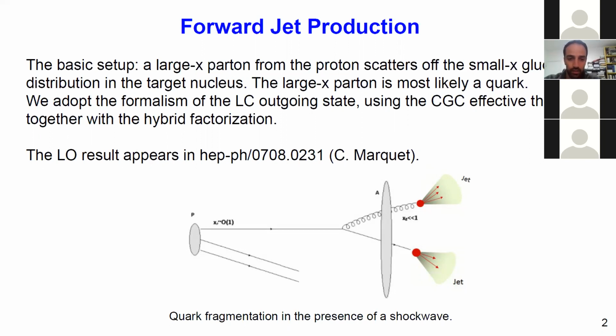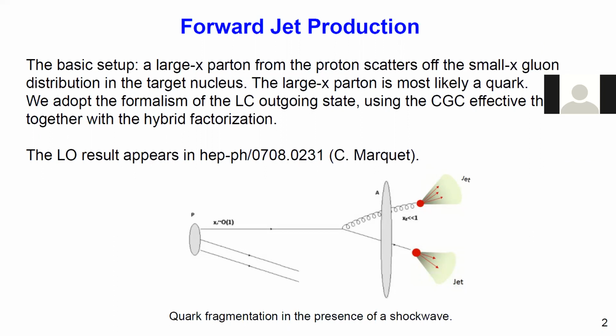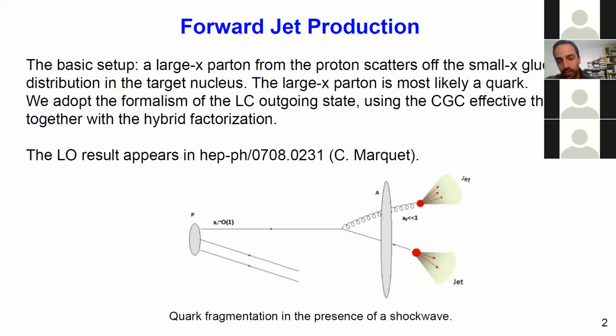This quark, with the evolution in time, can emit a gluon. The gluon and the remaining quark can interact with the target nucleus, and then they get some color rotation, and when they come out, they can produce 2 dijets.